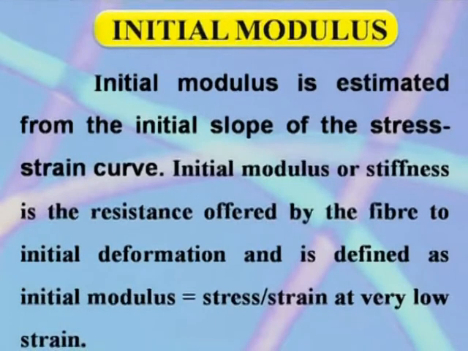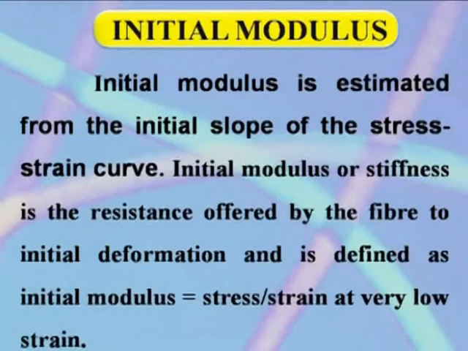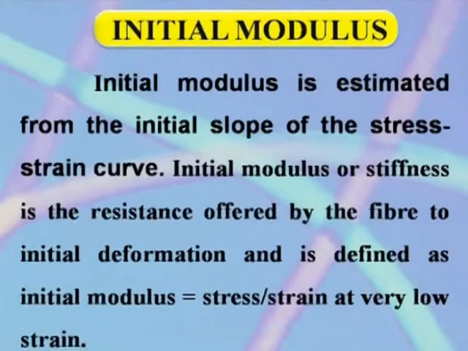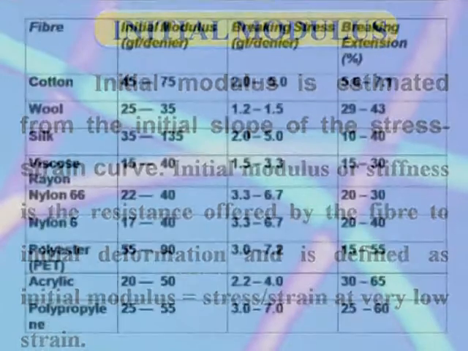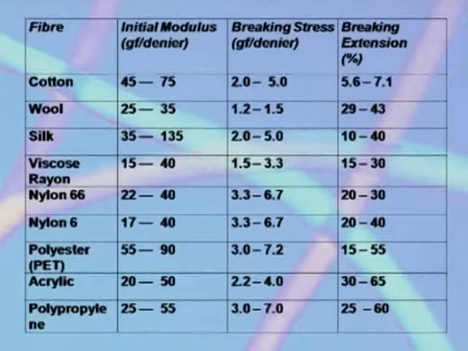Initial modulus or stiffness is the resistance offered by the fiber to the initial deformation, and is equal to stress over strain at very low strain. A summary of mechanical parameters of different fibers is given.